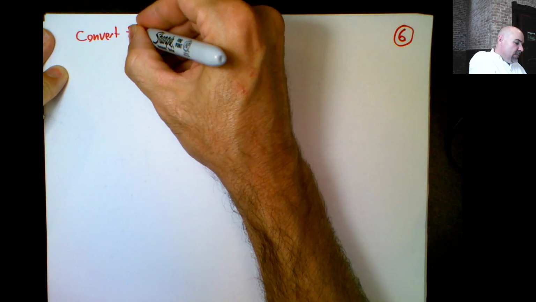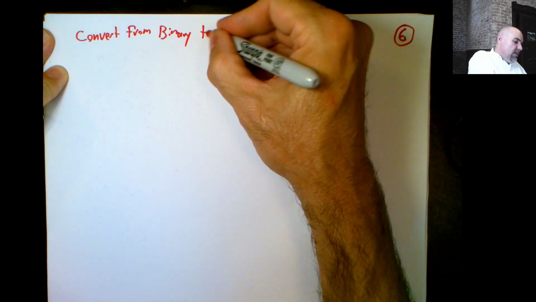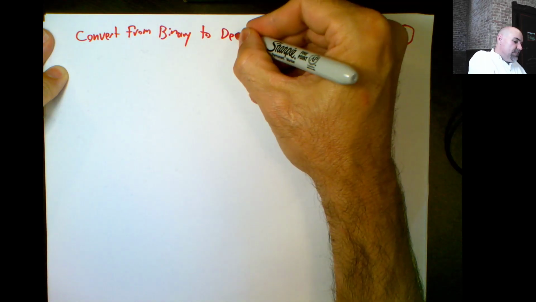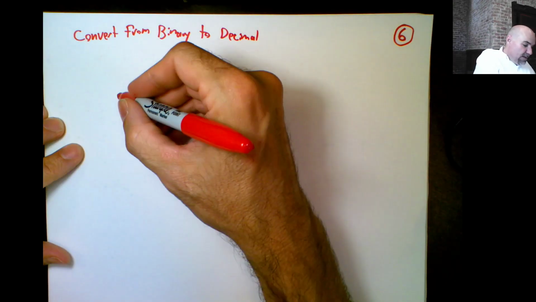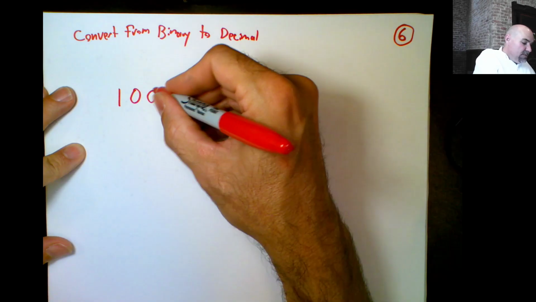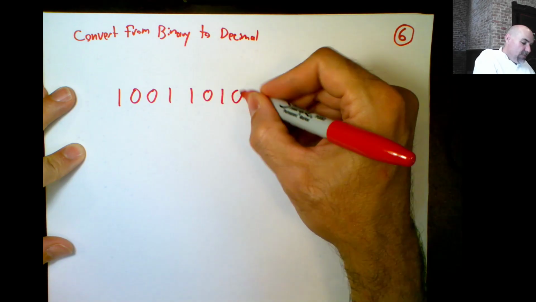Convert from binary to decimal. All right, so let's take a binary number and see if we can figure out how to do this. So I'm going to take an 8-bit binary number. Let's do 1, 0, 0, 1, 1, 0, 1, 0.